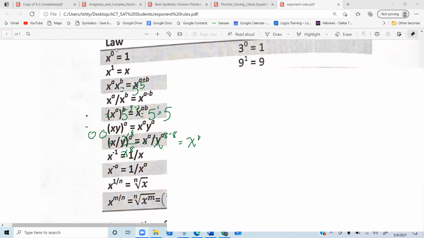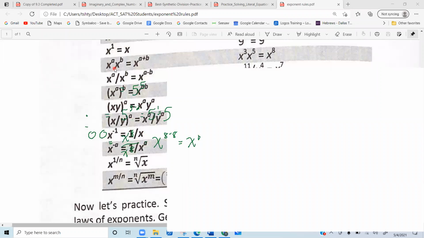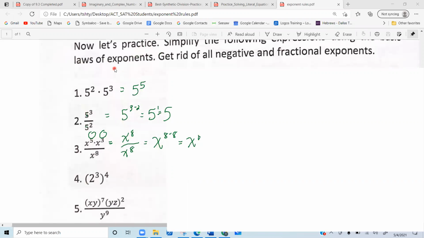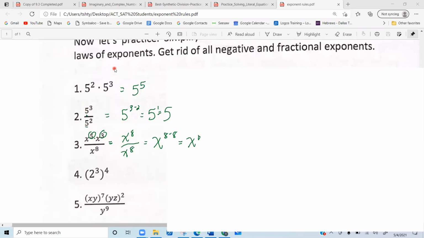That is our rule. So x to the 0 is 1. Please memorize that. This is super important. This comes up so much.